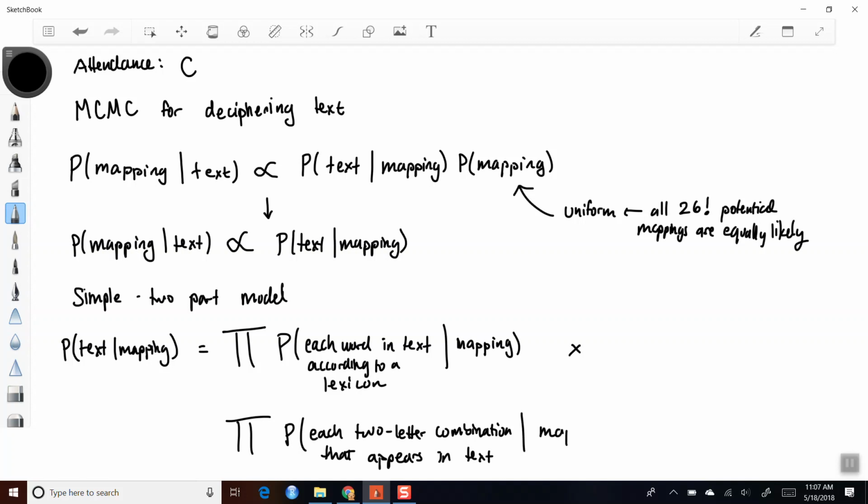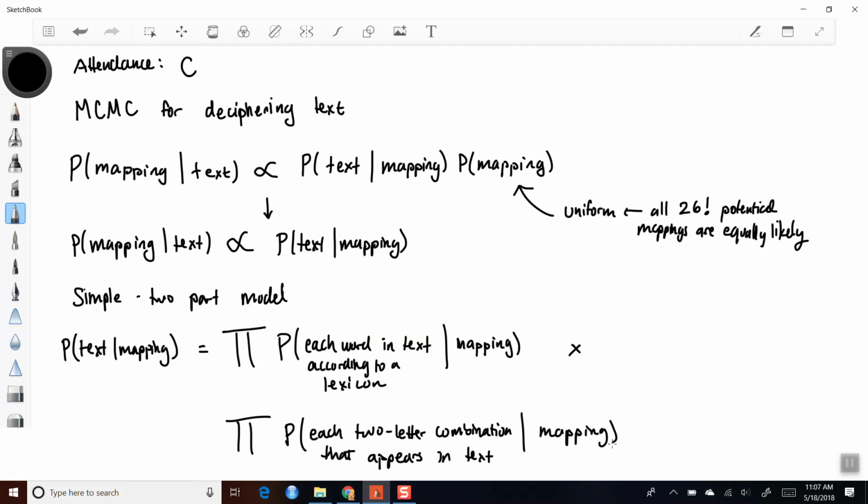Given a particular mapping, the way we're going to evaluate this is we've got our ciphered, mixed up text, and then we apply a translation mapping. This translation mapping will probably map to garbage, but maybe we'll get one that maps to something good.